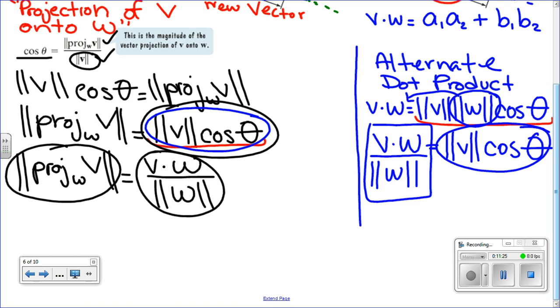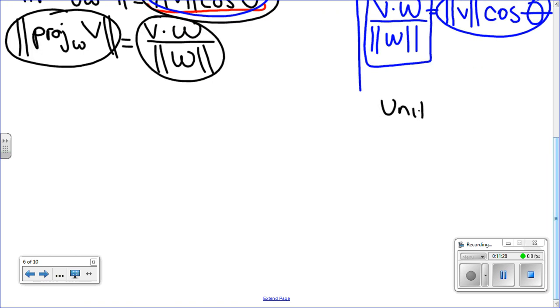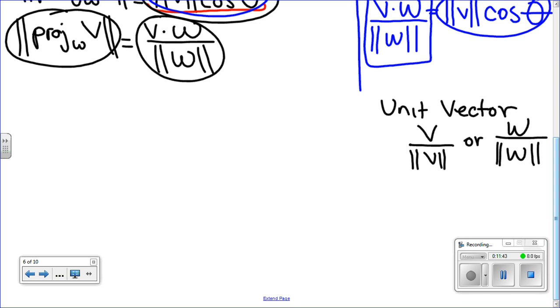Well, do you guys remember something called the unit vector? Where we took a vector and then we divided by its magnitude. So we're going to use that. Now, it depends which vector you're projecting onto what. And so since we're projecting vector V, we're going to use the following.